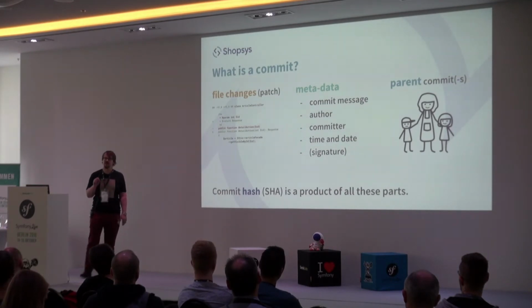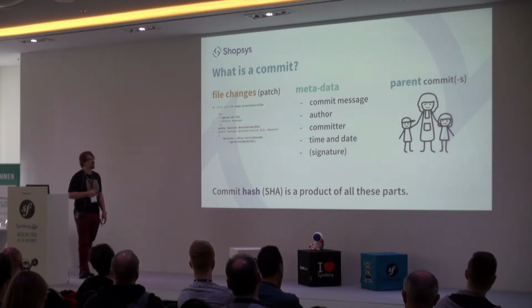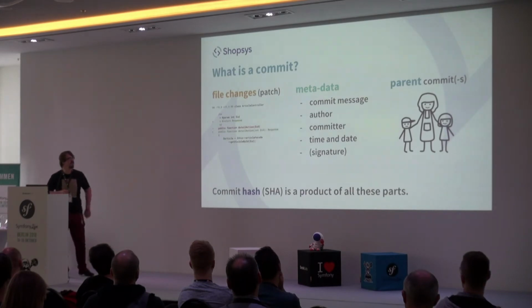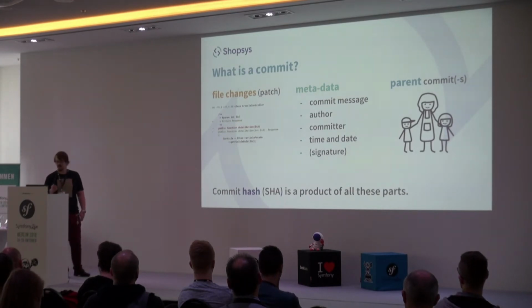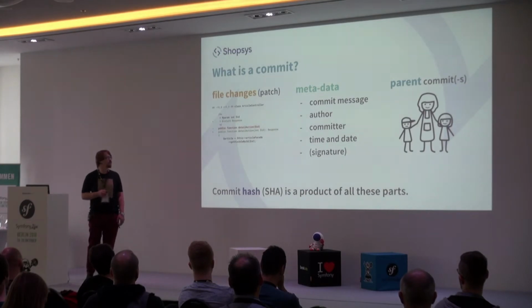You often see these two faces next to a commit on GitHub. That means that the author and the committer are not the same person. Of course, there is some date and time, and possibly a signature if your commit is verified and signed.